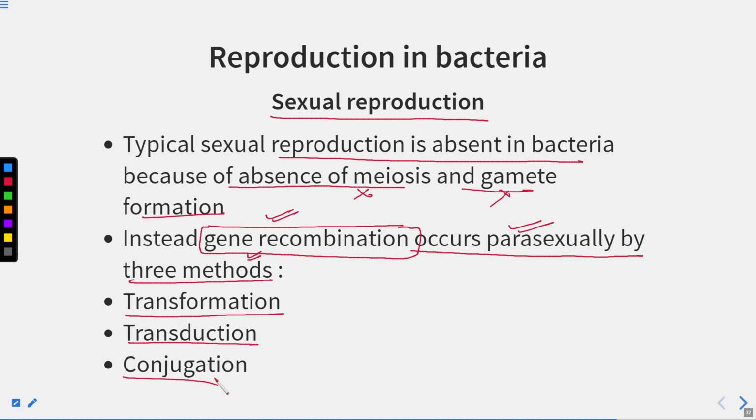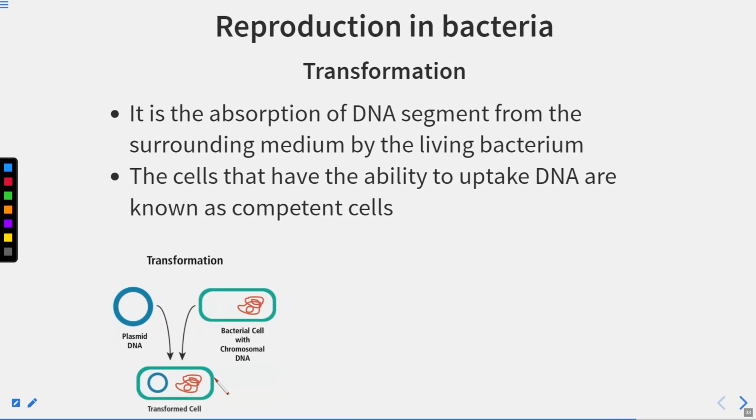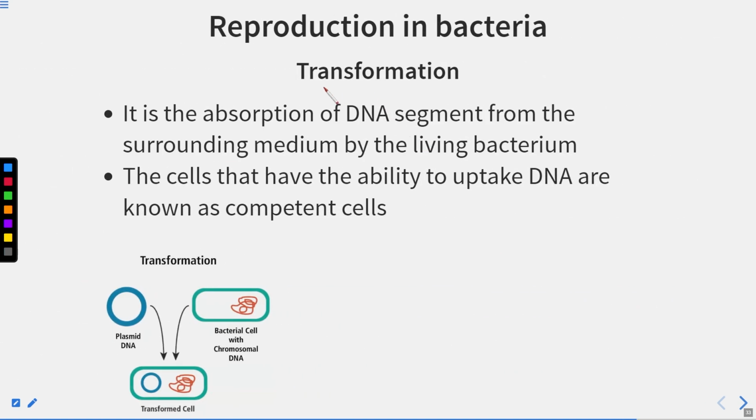So we will see one by one what the 3 different types are. So first one, that is the transformation. It is absorption of DNA segment from the surrounding medium by the living bacterium. So this is a plasmid. This is a bacterial cell with chromosomal DNA. Now what happens? A plasmid or any DNA that comes from another bacteria enters inside this bacteria.